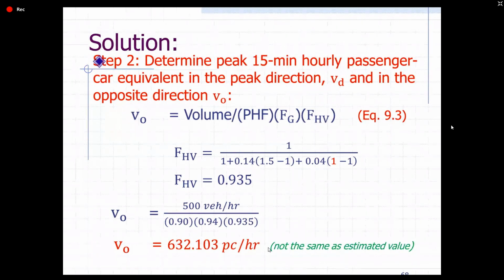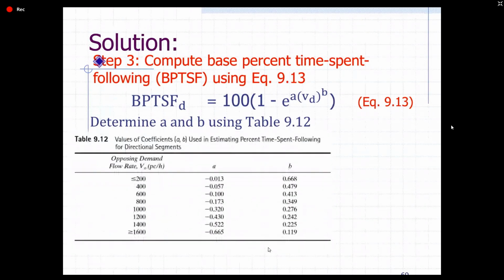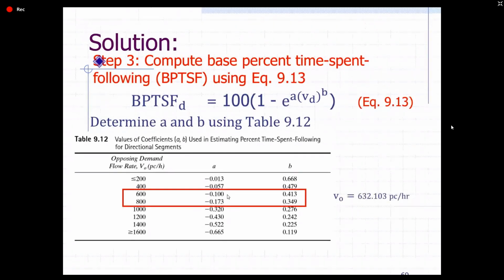So next is, we can now substitute your V sub O or using your table 9.12, gagamitin natin yung V sub O. Basahin nyo yung table kasi baka mamaya ang nagamit nyo is yung V sub D. Ito, nakalagay siya, opposing demand. So sa kabilang lane, kunin natin yung A and B. So the value of your V sub O is 632.108.